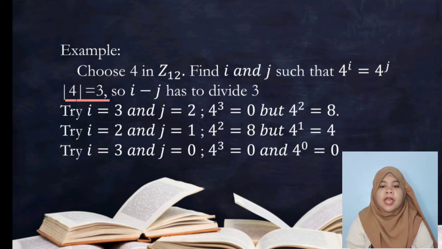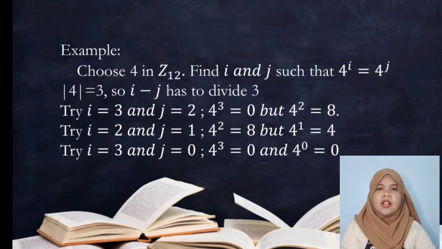Because of the statement, i minus j has to be divisible by 3. So let's try i is equal to 3 and j is equal to 2. So we have 4 to the power of 3 is equal to 0, but 4 to the power of 2 is equal to 8. In this case, the values are not equal.